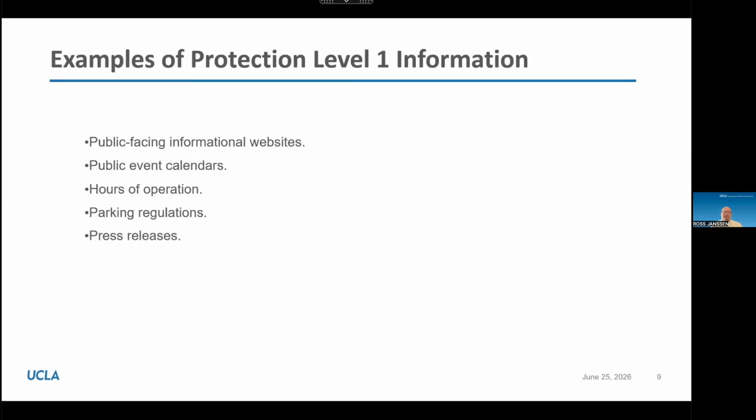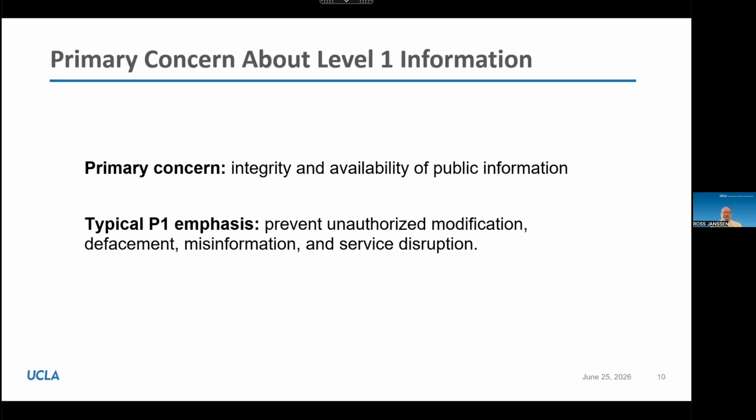Examples of level 1 information include public-facing informational websites, public event calendars, the hours of operation, parking regulations, and press releases. So those are all easily obtainable by the public. The primary concerns about level 1 information are the integrity and availability of the information.